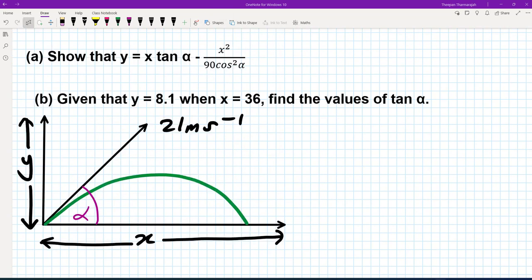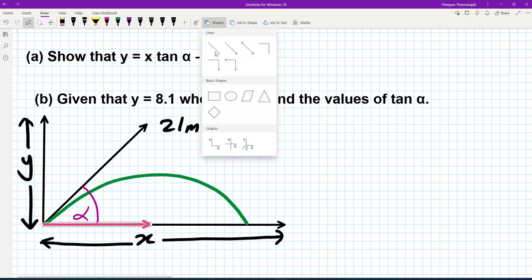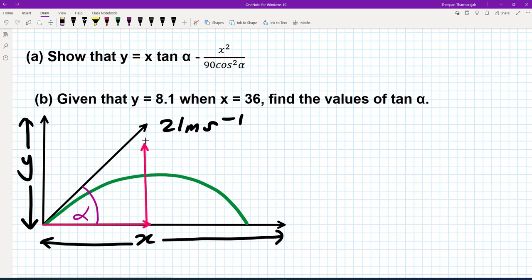So now we need to resolve the 21 meters per second, the velocity, into its horizontal and vertical components respectively. Let's do the horizontal in pink here, and then the vertical. So it's going to be 21 cos alpha and 21 sin alpha respectively.